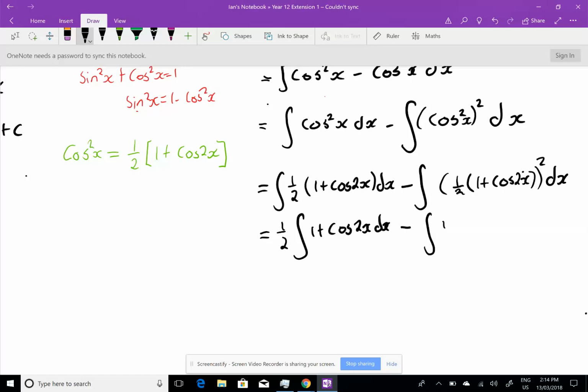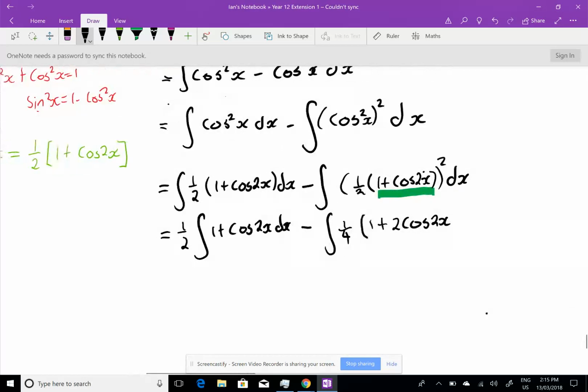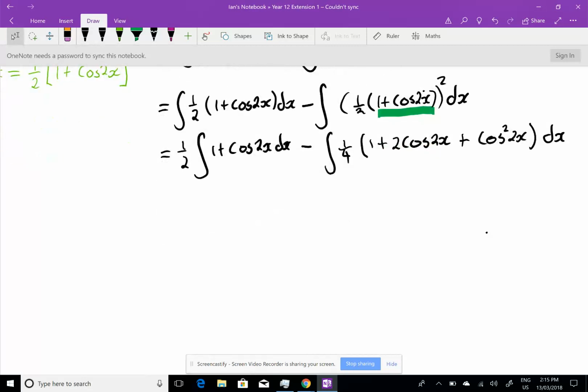The half squared becomes a quarter. Now let's just look at this thing. Well, that's a perfect square. So we're going to get 1 plus 2 times each, 2 cos 2x, plus the last thing squared, cos squared 2x dx.